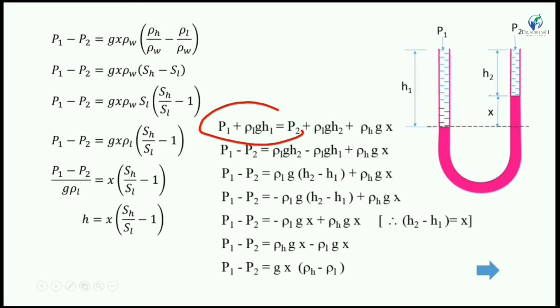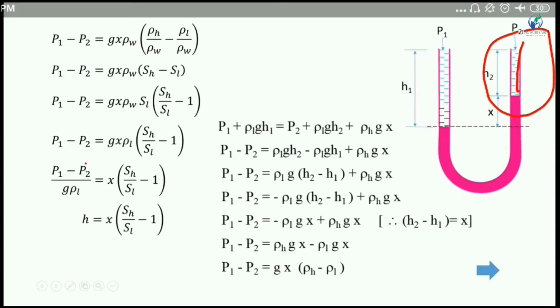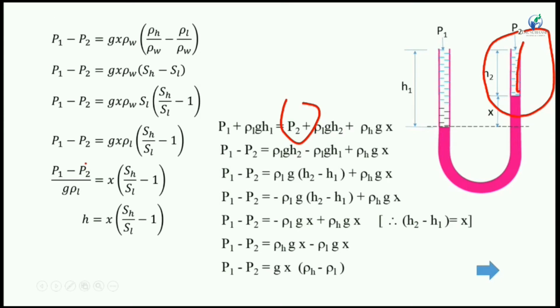So at the left side of the limb, the pressure is the stagnation pressure P1 plus the pressure due to the column height of liquid, ρ1gH1. Now on the right side of the limb, the pressure at the pitot point plus the pressure due to the column of light liquid, ρ1gH2, and the pressure due to the column of heavy liquid, ρhgx.